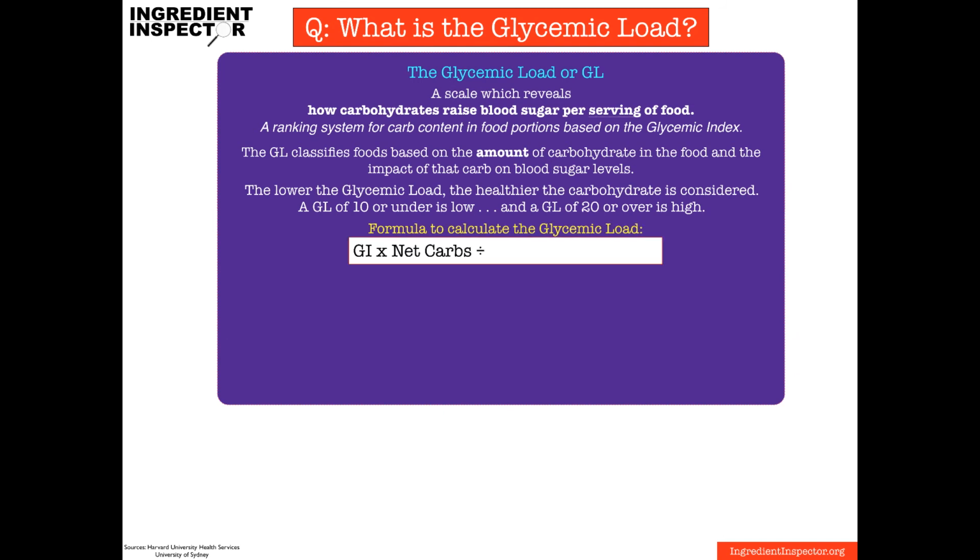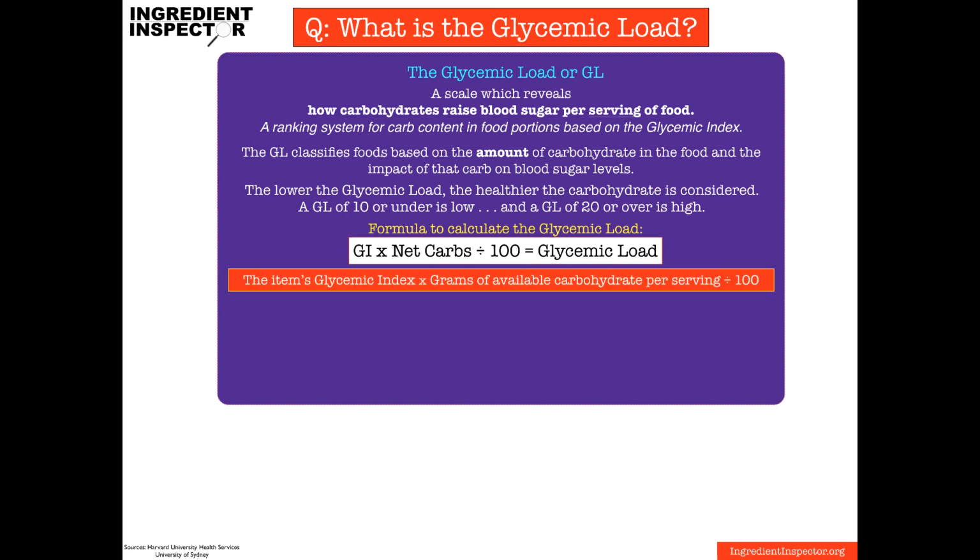The formula to calculate the glycemic load is taking the glycemic index, multiplying it by the net carbs, and dividing it by 100. Net carbs are total carbs minus the dietary fiber. So it's the item's glycemic index times the grams of available carbohydrate per serving divided by 100.